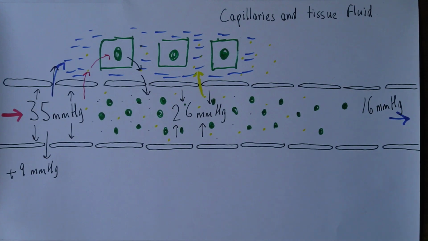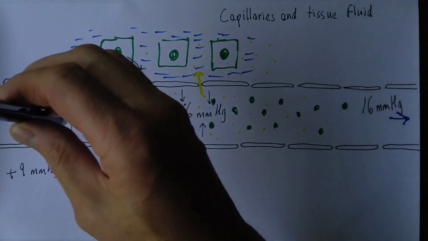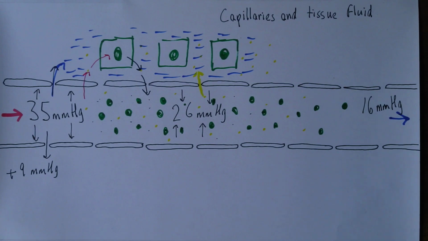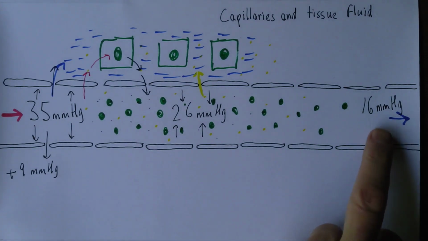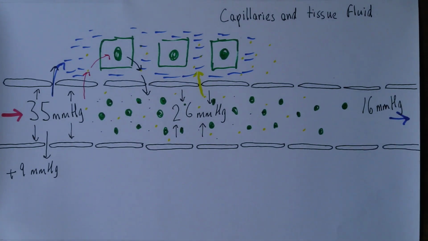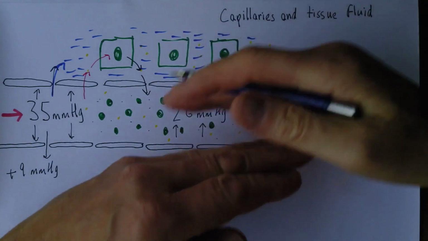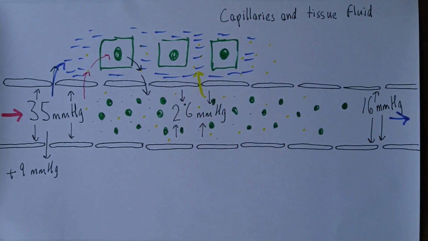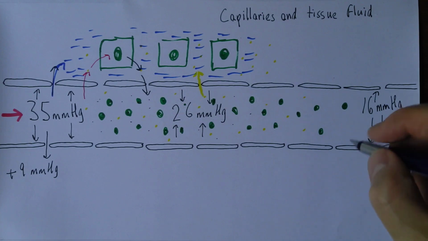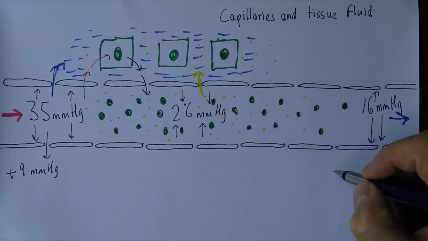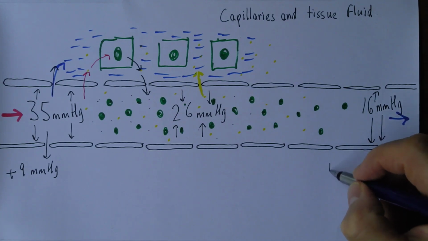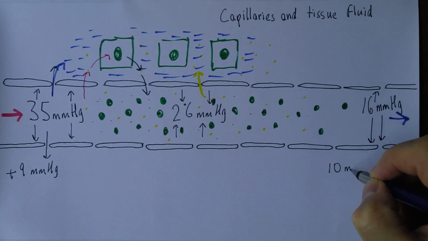Now, as we go along, the pressure is going to drop. And here, the pressure has dropped to 16 millimeters of mercury. So the hydrostatic pressure pushing out is 16 millimeters of mercury. But we've still got this 26 sucking back in. So that means we've got a reabsorption pressure of 10 millimeters of mercury.